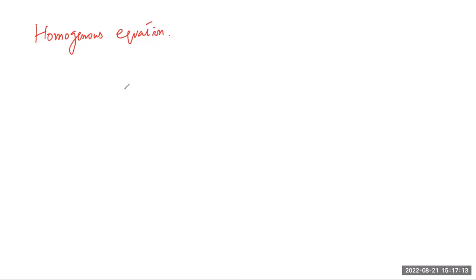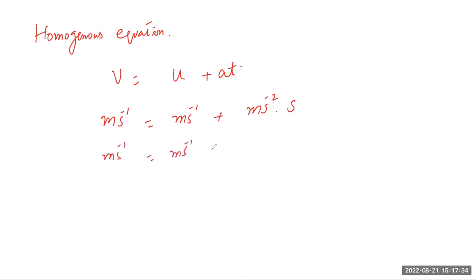Let's take an example, the first equation of motion, v is equal to u plus at. Velocity is measured in meter per second, and u is measured in meter per second. Likewise, at is meter per second squared into second. You can see that we have the same base units on either side of the equation, so it is a homogeneous equation.